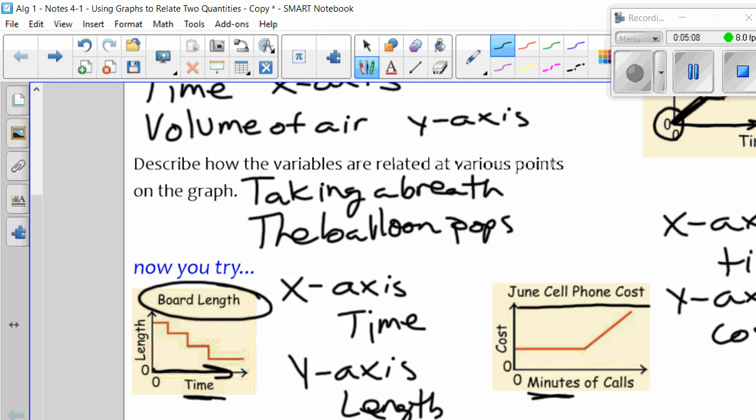Okay. So if you look at this, the first point you're looking at, I have to pay for whatever my plan is. I have to pay a certain amount at that point. I haven't made any phone calls yet, or haven't had any time on my phone calls yet, but I have to pay for it. So that one is the cost initially.